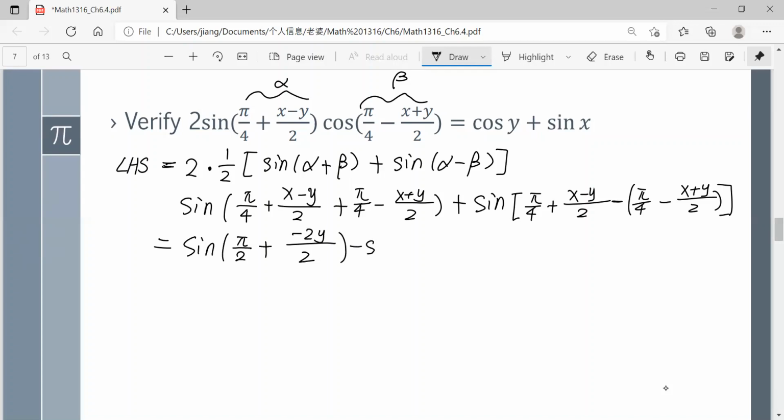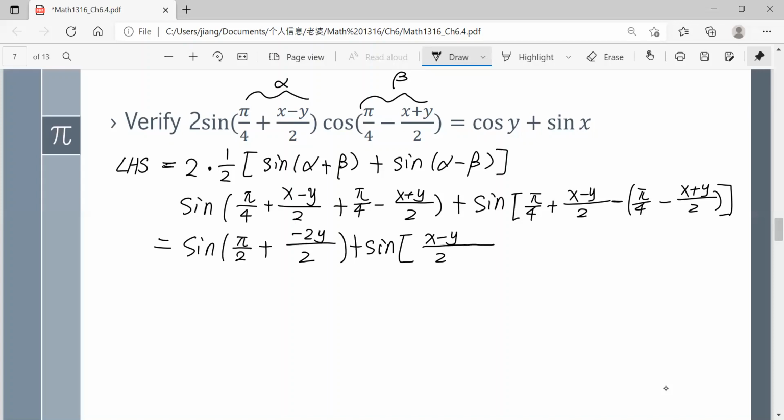And then another term is sine. So distribute the negative sign, or I say open the parentheses. So pi over 4 minus pi over 4, that's 0. And then the first term here is x minus y. And then here, negative, negative become positive.